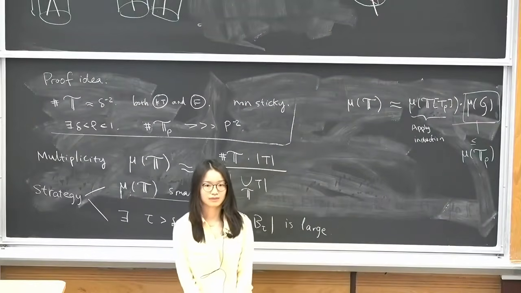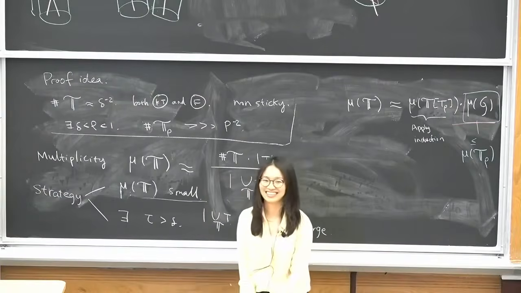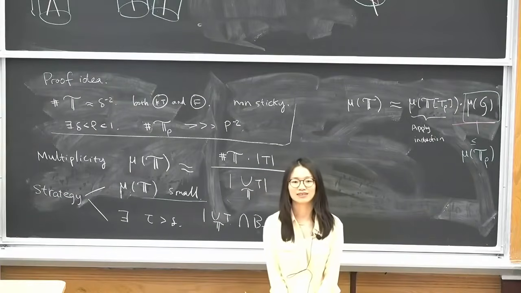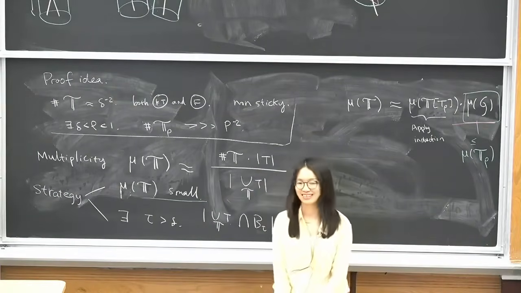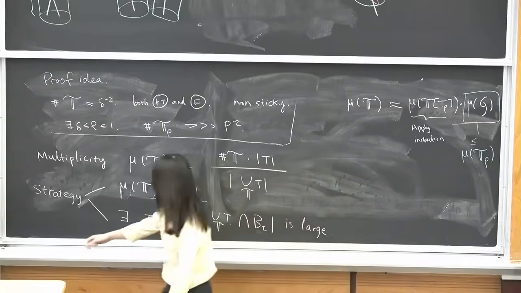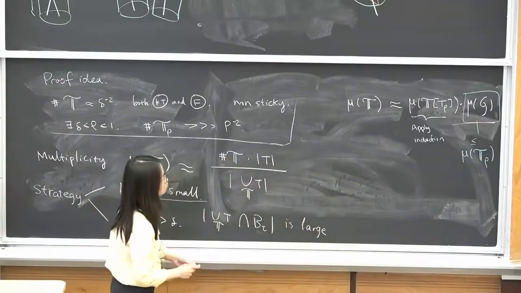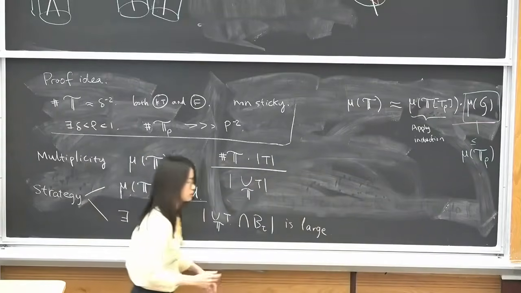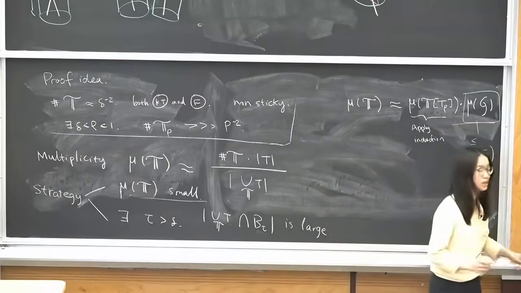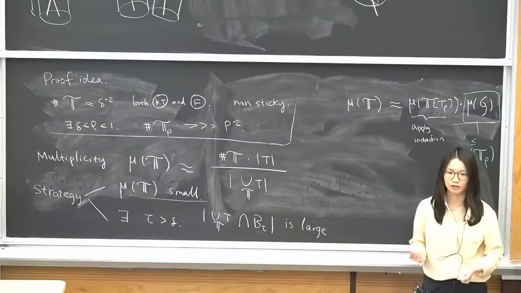Questions? Yes. Where do you use that you're in 3 dimensions instead of higher dimensions? That's a great question. First of all, the sticky result relies on being in R3.